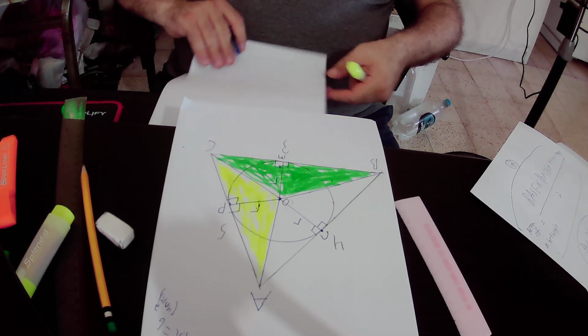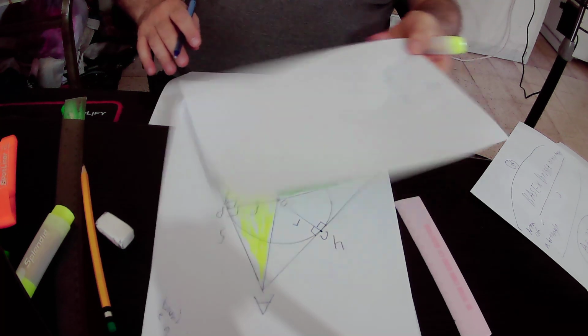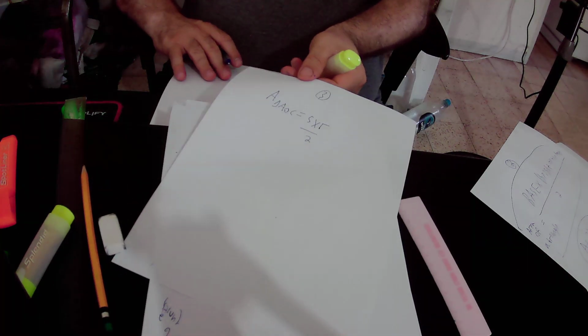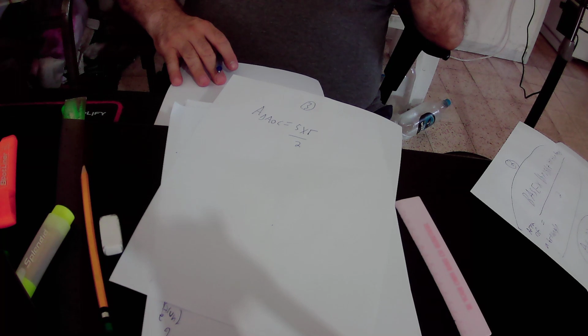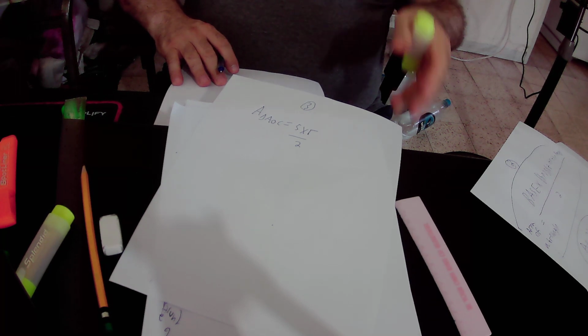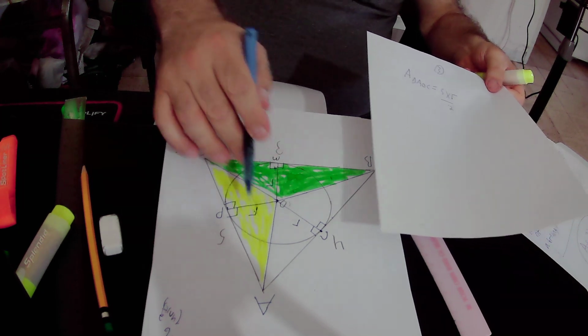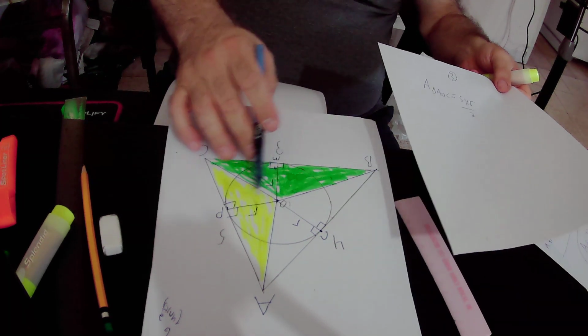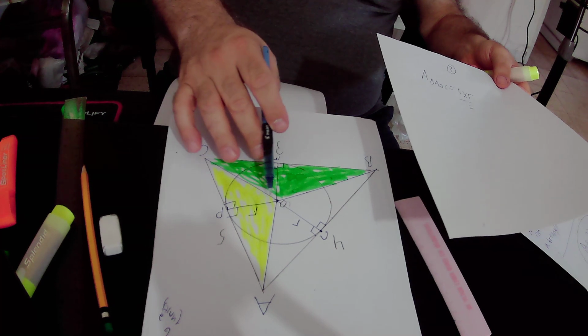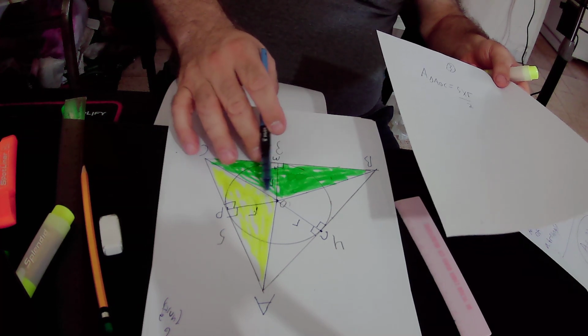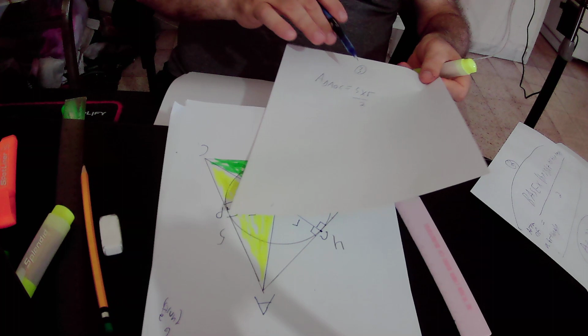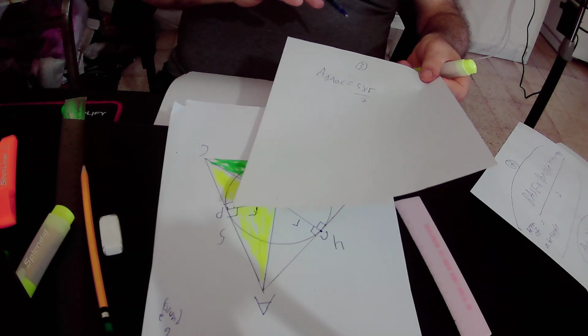Okay? So the area of triangle AOC equals 5, the base, times the height, the radius, divided by 2.